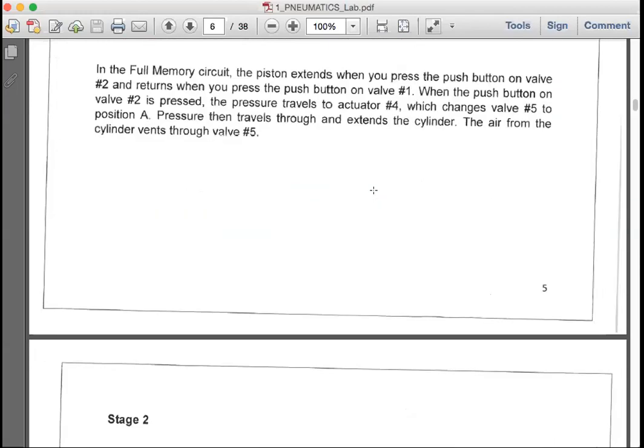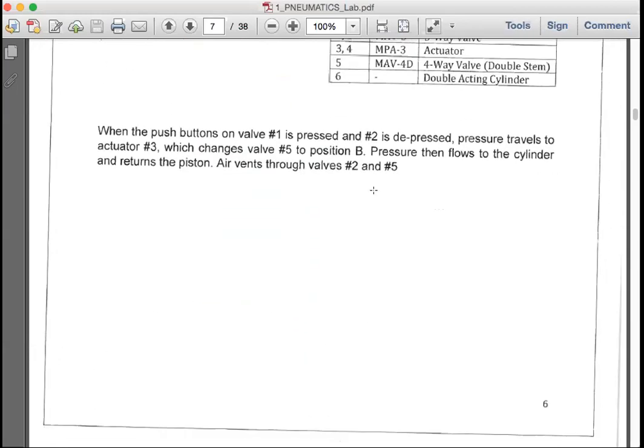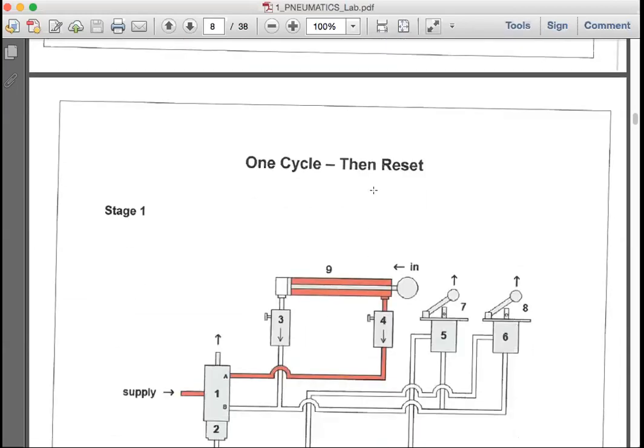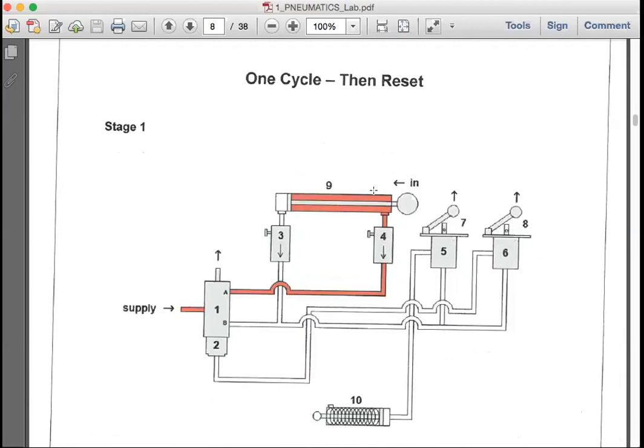So that said, let's go to the last system we will analyze today, which is one cycle, then reset. Let's go first to our lab manual.